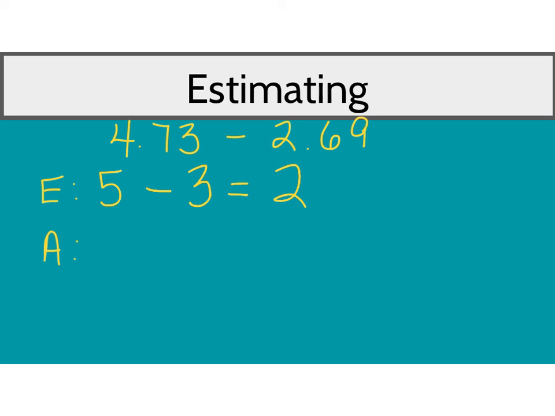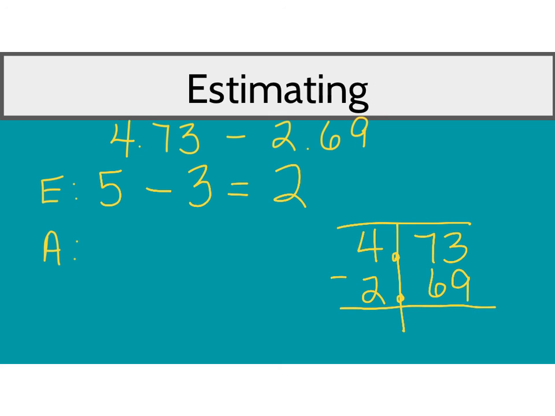So now I'm going to take that actual problem, plug it into my T-chart, and make sure that I line up my digits, and I'm going to subtract. So again, we cannot do 3 minus 9, so we're going to regroup.